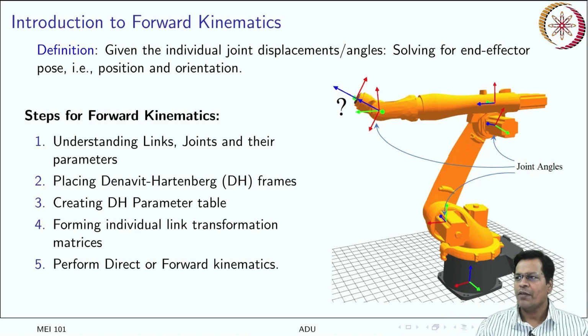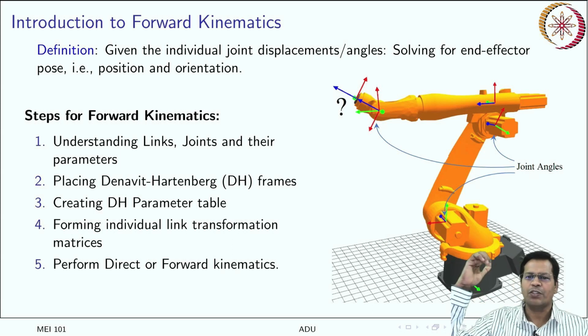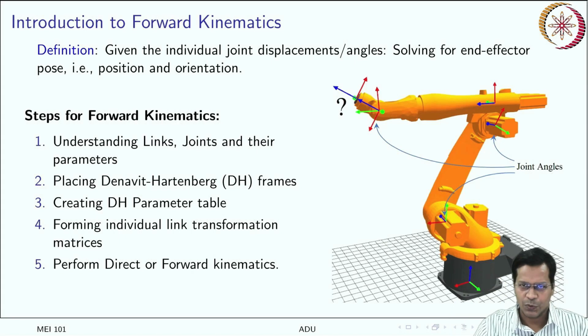If you want to go somewhere, you have some joint angles to be put to the joints. Provided you know your joint angles, where is your arm, and how is it oriented also? That is what is to be found out. That type of problem is known as a forward kinematics problem.